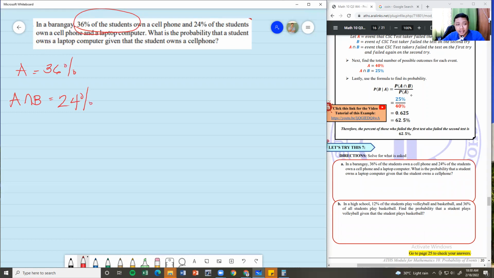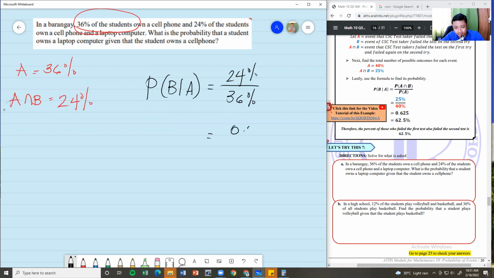Can you follow? And so we just have to solve them. P of B given A is equal to the intersection on top, 24%, over the 36%. This is a lot easier to understand. Then express it in decimals. This is 0.24 over 0.36.